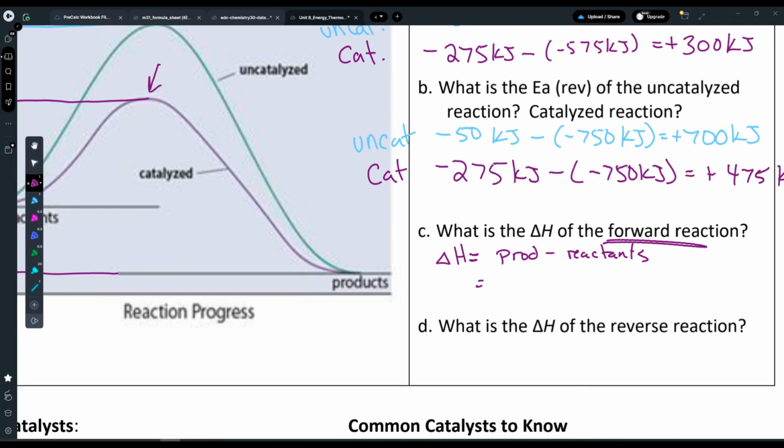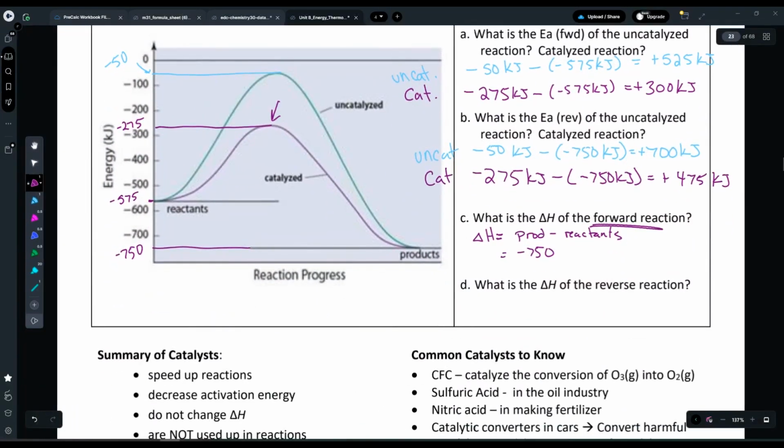So that's going to be negative 750 for our products minus negative 575, both in kilojoules. So we're going negative 750 plus 575. That's going to give us negative 175 kilojoules.